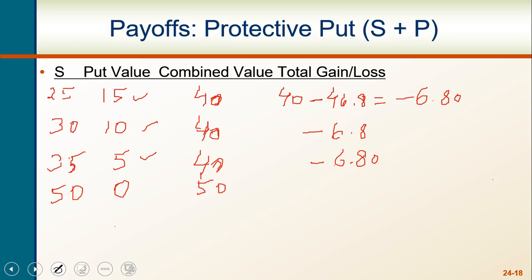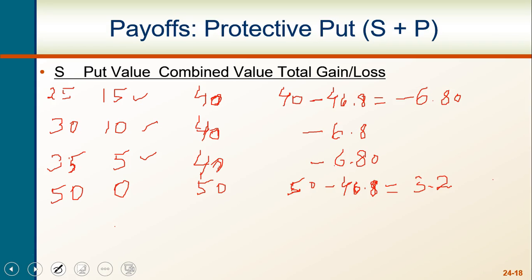And the total gain or loss would be now 50 minus 46.8, the $46.80 we had spent to set up our position. And that is going to give us $3.20 positive. So now we have a gain.